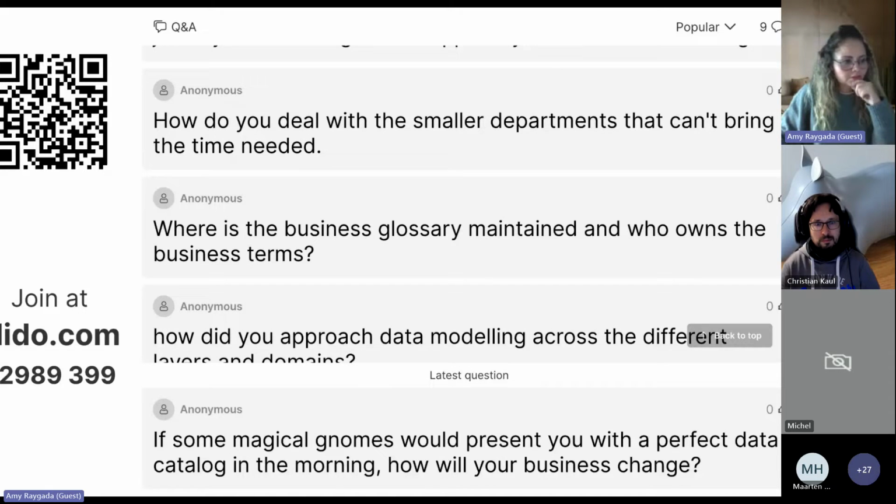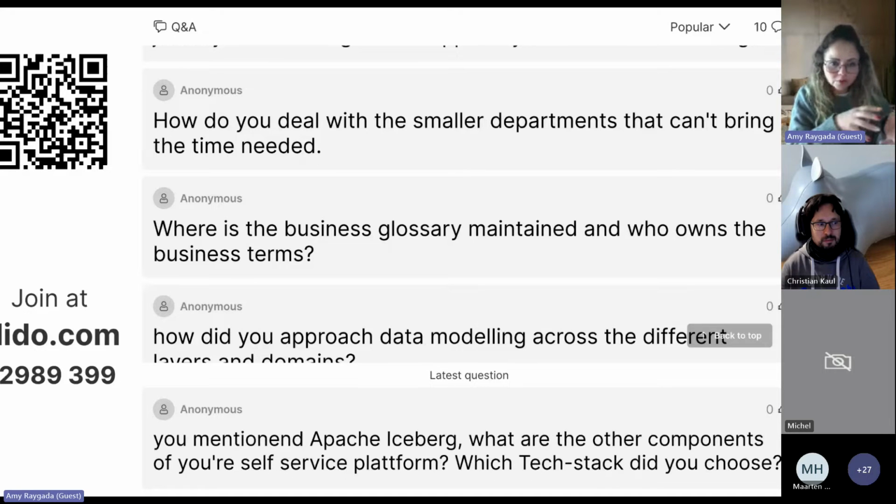Where is the business glossary maintained, and who owns the business terms? Basically, it's in Atlan. This data catalog, I don't know if you know it, is quite famous now. The business terms are usually owned by the business analyst. So there is a business person who will own certain metrics and terms. For some teams, since we are different business units, they use the data team. The BI developers are the ones owning these business terms because they communicate directly with the business users.